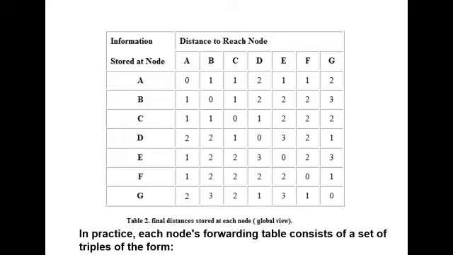That will be in the next slide. So all these question mark entries are now updated because every router shares its information with its neighbors. Suppose D shared information with B, then B shared with A, then A knows how to reach D. Now you can see the forwarding table consists of 3 entries: destination, cost, and next hop.